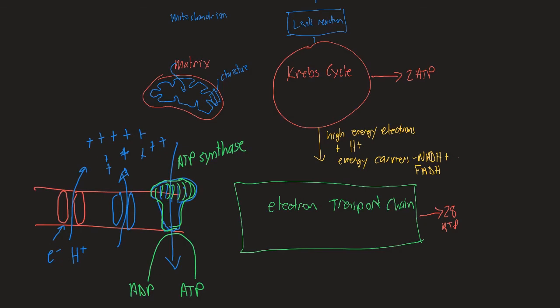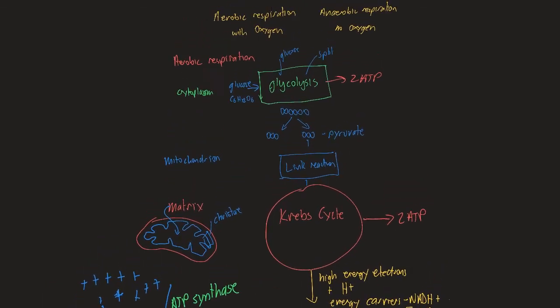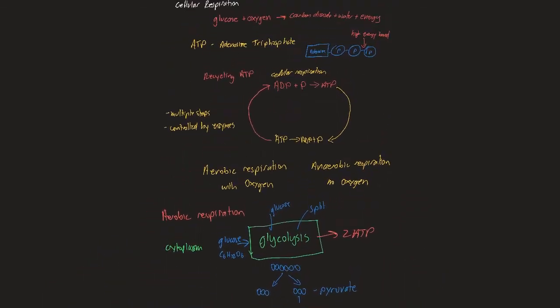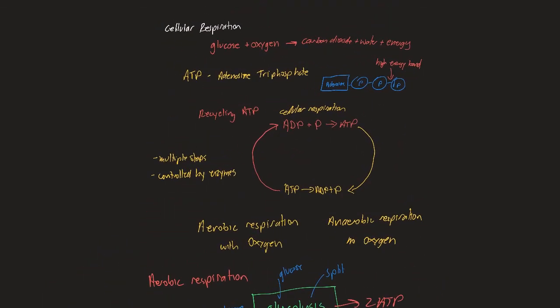Because it's synthesizing ATP. Now, if we go back right up the top here, what I haven't told you yet is, we've got glucose. We know that one of the reactants is glucose, and that comes in right at the start of the glycolysis. What I haven't told you is where we use the oxygen and where the carbon dioxide and water come out.